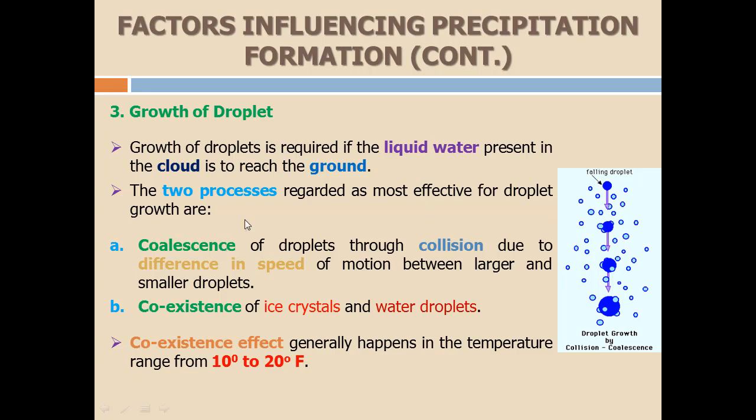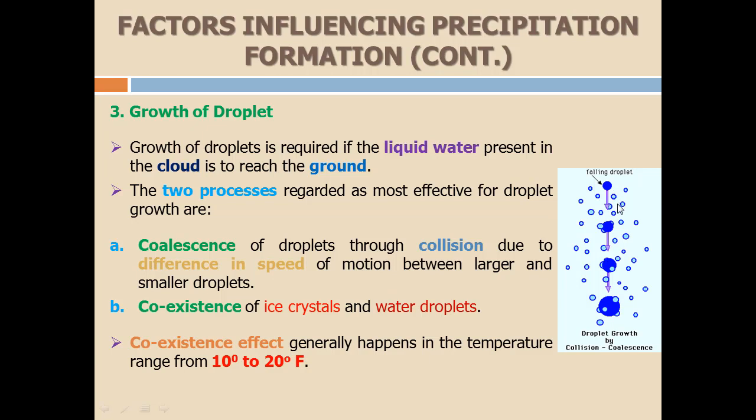For the growth of droplets there are two very effective processes. Number one is coalescence, and number two is coexistence of ice crystals and water droplets. Coalescence is the joining of droplets through collision, due to the difference in speed of motion between larger and smaller droplets.